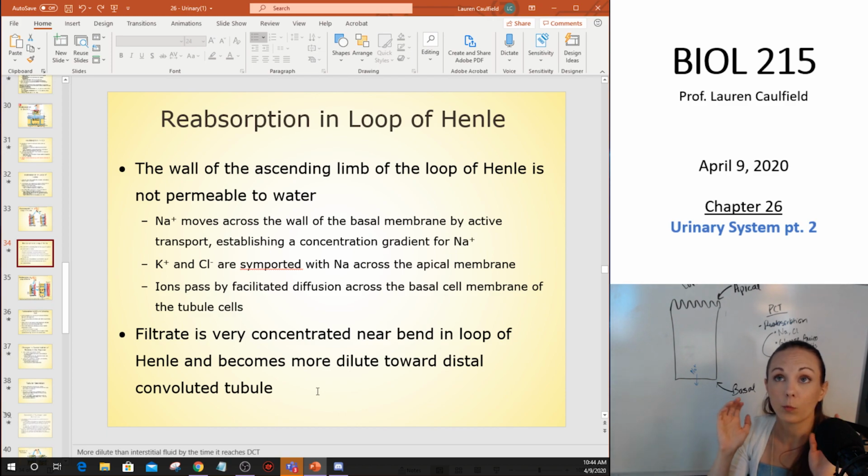But the area where it is the most concentrated is at the bottom or the tip of the loop of Henle.